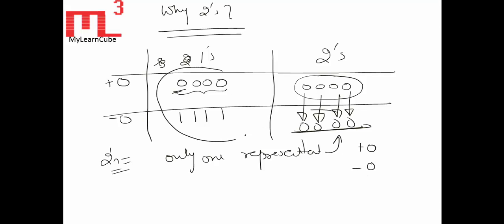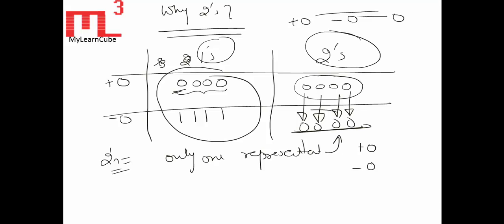However, in the case of one's complement, you have two representations of 0, though +0 and -0 actually represent the same thing, 0. But in one's complement it has two representations. That's why, to avoid this extra hardware overhead, computers use two's complement representation for negative numbers.